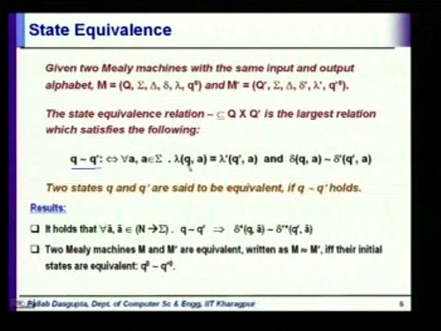So when M is in state Q, and M dash is in state Q dash, if they are presented with input A, they produce the same output, and this applies for every input A, right. So this is condition number 1. Condition number 2 is that the next state that you get when you present Q with A, and the next state that you get when you present Q dash with A in M dash, should also be equivalent.